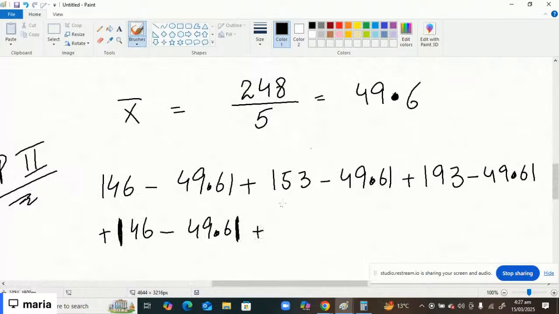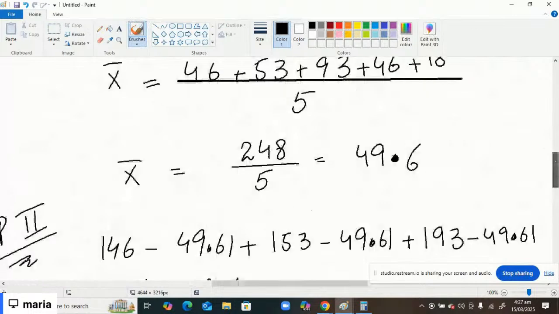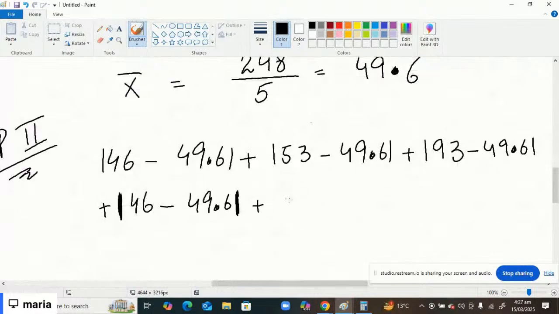Then add up 10 minus 49.6, taking the absolute value.